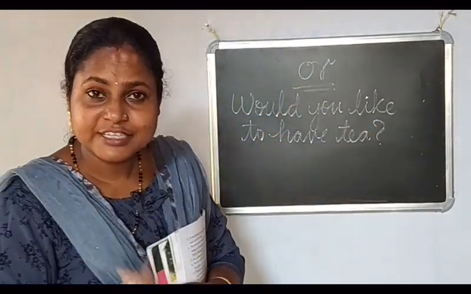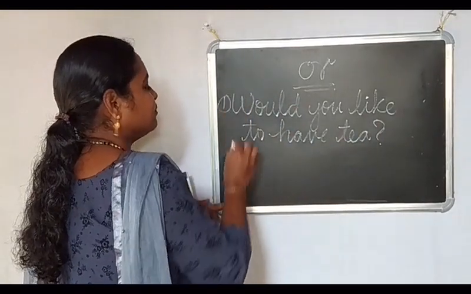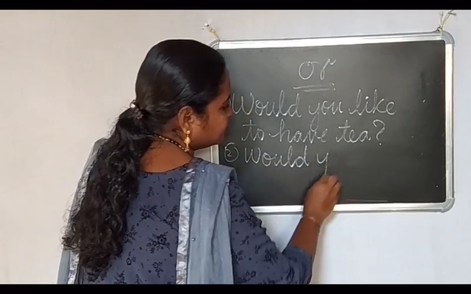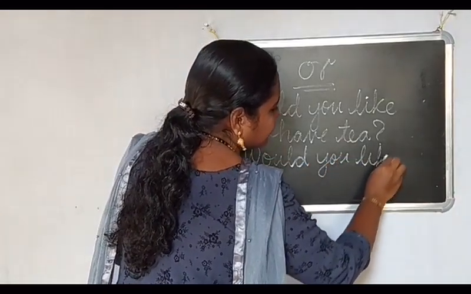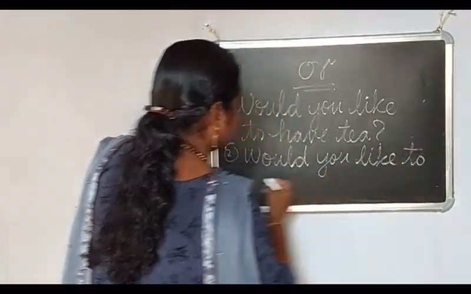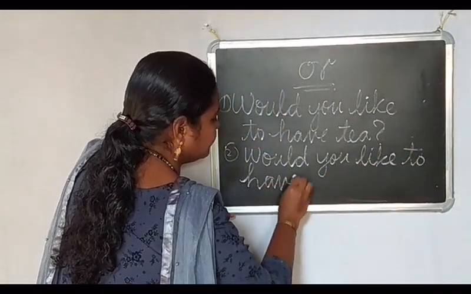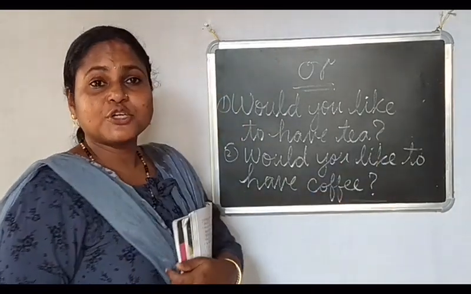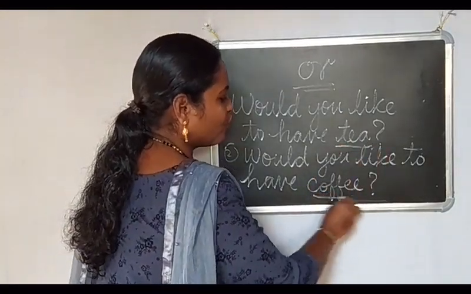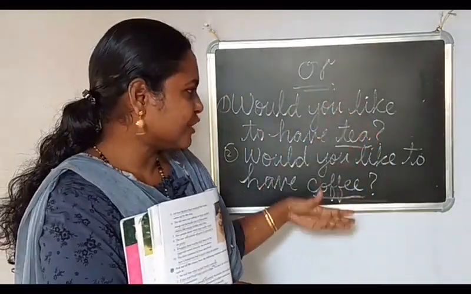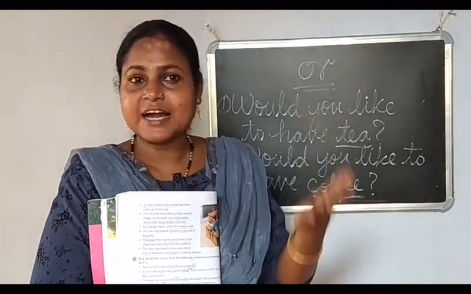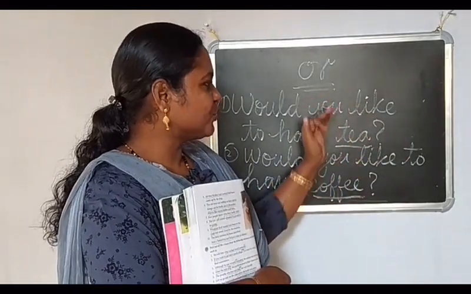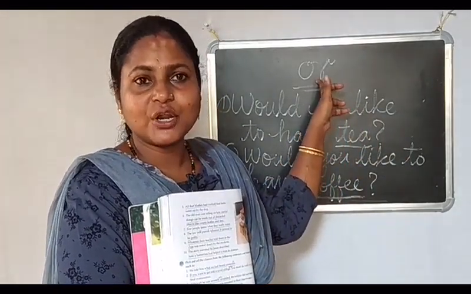And the second one, would you like to have coffee? The tea and coffee are the things that have equal importance and that can stand as a substitute for the other. So we can join these two by using this conjunction or.